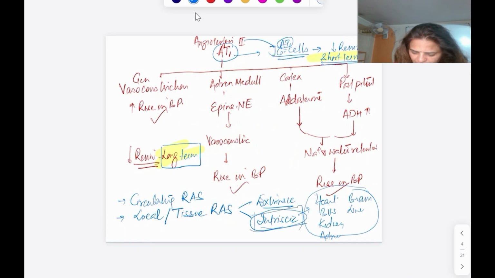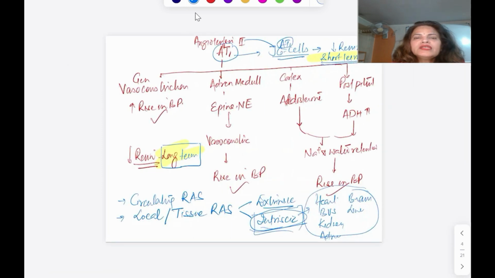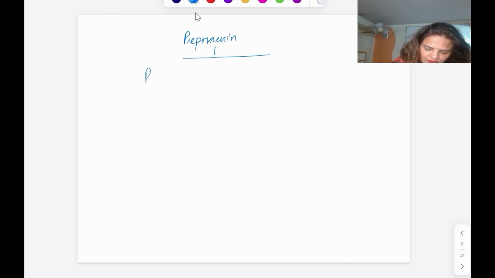Now here, the renin in the circulation comes from the JG cell of the kidney, whereas in local RAS, renin is synthesized as a larger peptide, pre-pro-renin, which gets activated with the appropriate stimuli into prorenin and renin, and both are active.